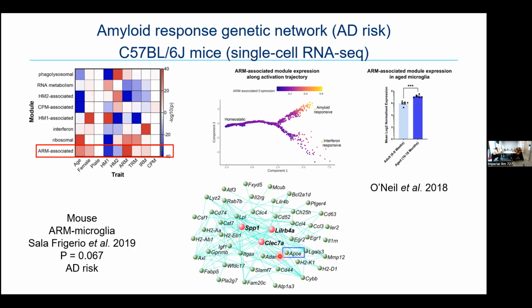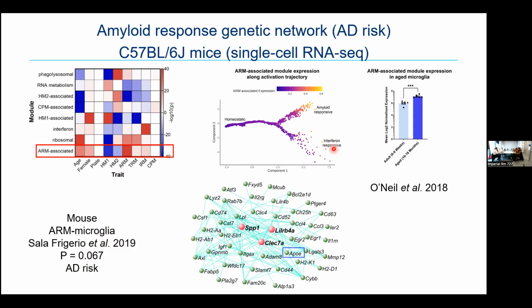This network of genes, in terms of risk associated with Alzheimer's from the clinical study, is close to being significant, but it's not quite, and I guess that speaks to the low resolution of single cell RNA-seq. Here we've got expression for around 5,000 genes, and also this is mice. If we could do that with human, that would be interesting, but we haven't done that yet.